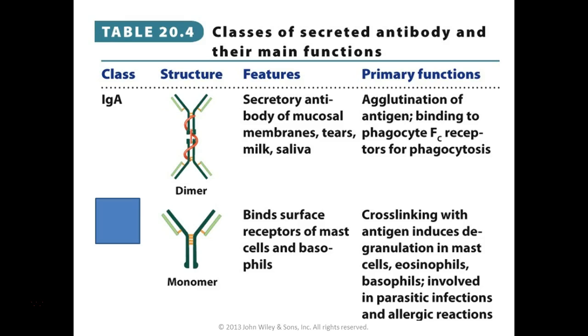Okay. So moving on to this next one, when it's attached to antigens, or in fact, it can attach to the surface of basophils and mast cells. So when antigens aren't even there, this one can bind to mast cells and basophils. And then when the antigen comes along, those cells are going to degranulate. They're going to release the substances inside their granules, right?